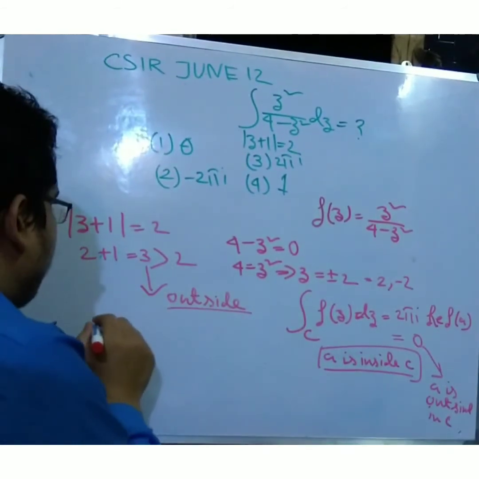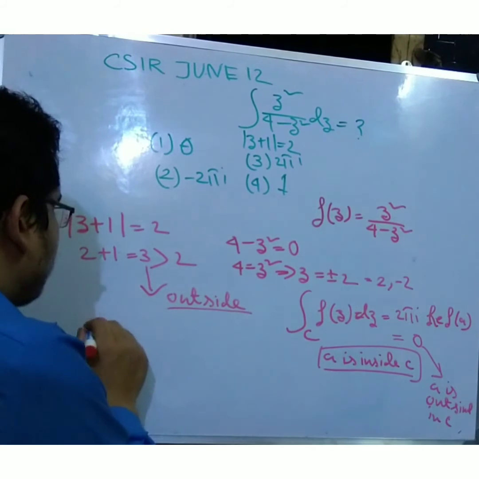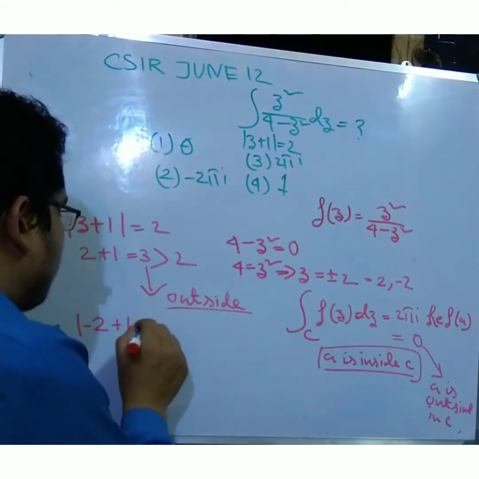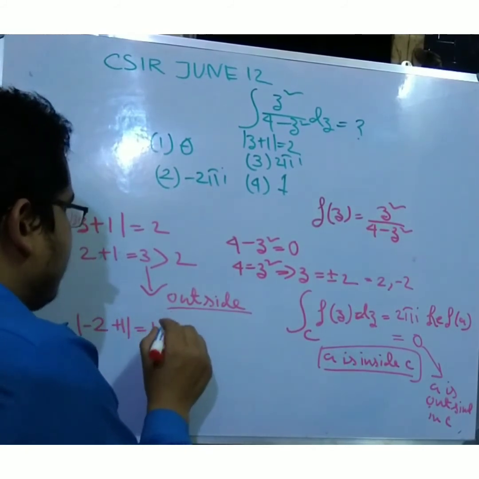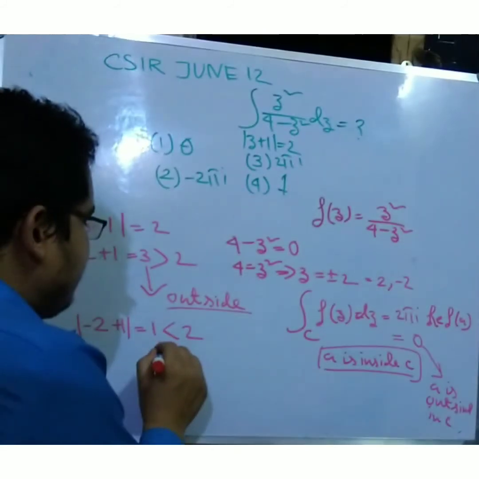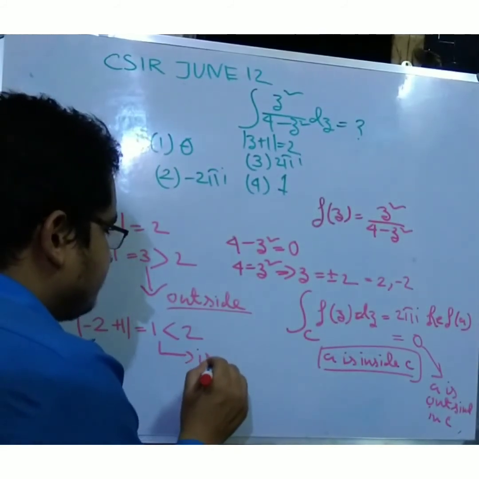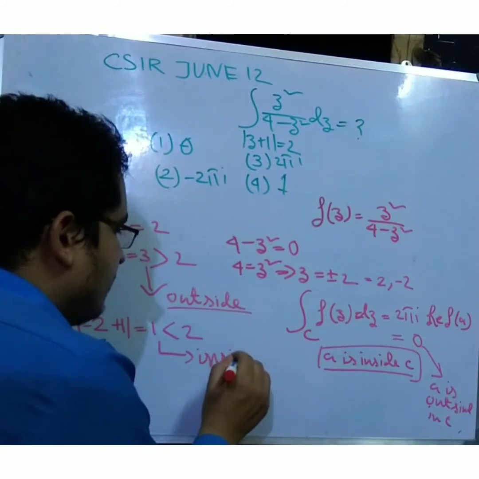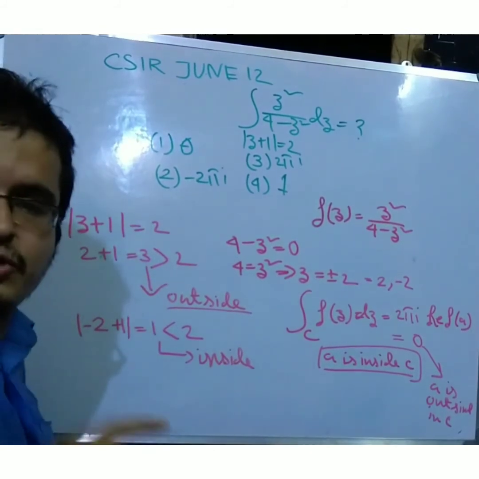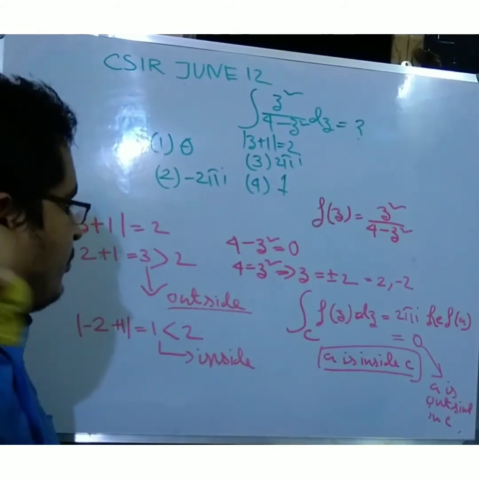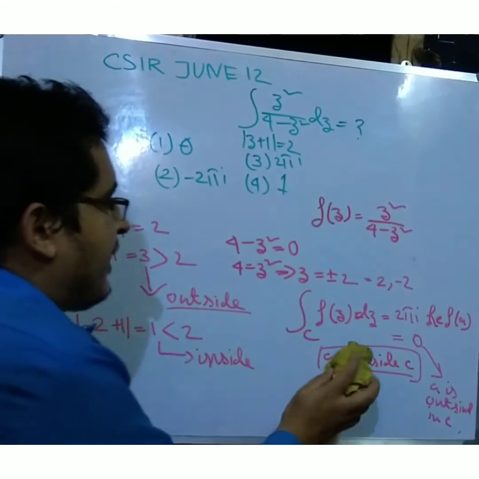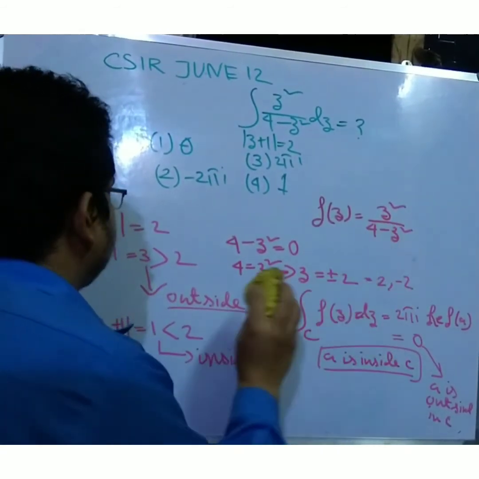Another point is minus 2: mod of minus 2 plus 1 equals 1, which is less than 2. So it is inside. So friends, minus 2 is my singular point inside.